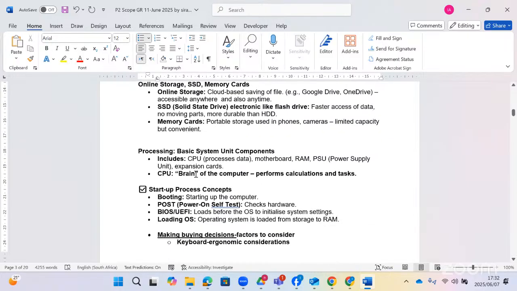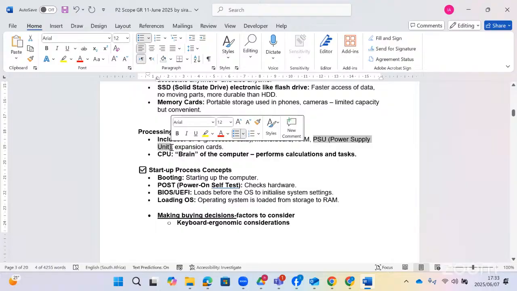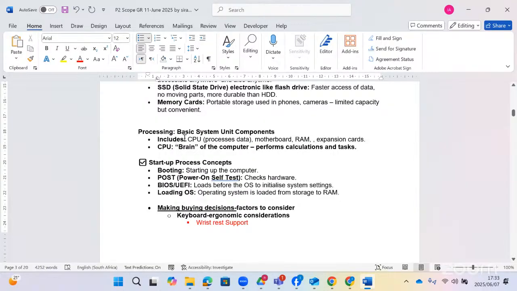Then we move straight to the processing, basic system unit component. In other words, like CPU, motherboard, RAM, the power supply unit, expansion cards, and others. I already talked about the power supply unit, so I don't need to mention it again here. Then the expansion cards, all these components inside the motherboard.